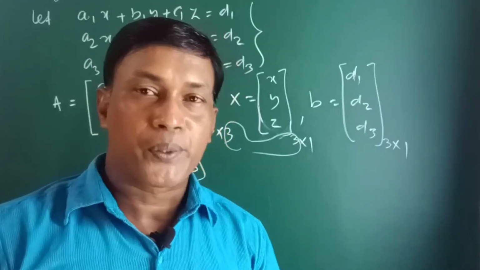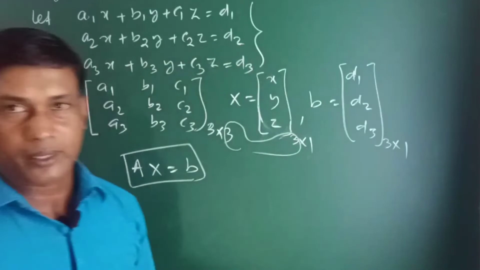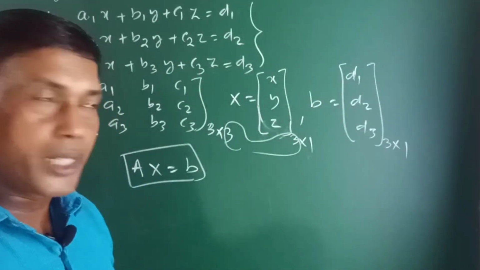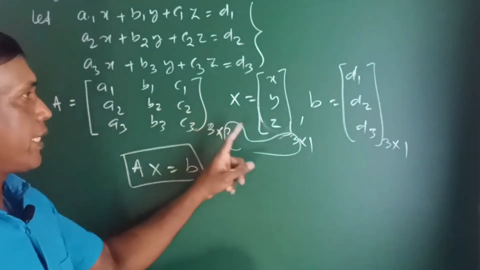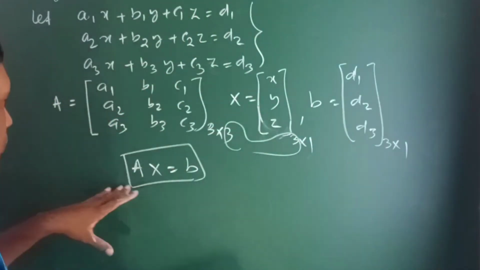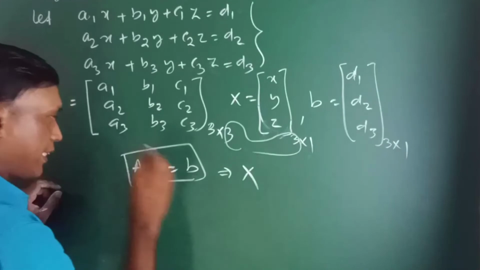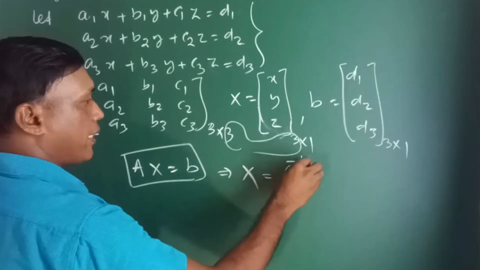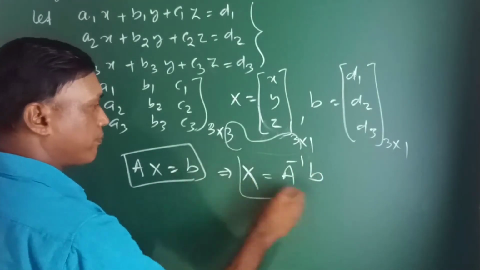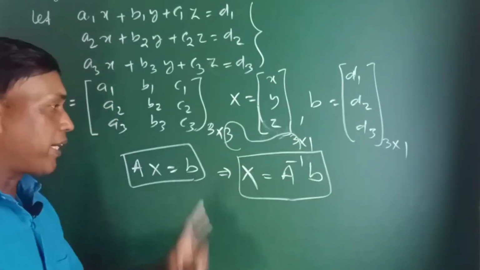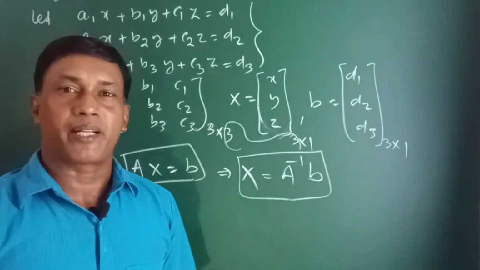But our aim is to solve the system of linear equations. In order to solve it, first find A, then X, then B, and this is in the form AX is equal to B, which implies X is equal to A inverse into B. X matrix is A inverse into B matrix.